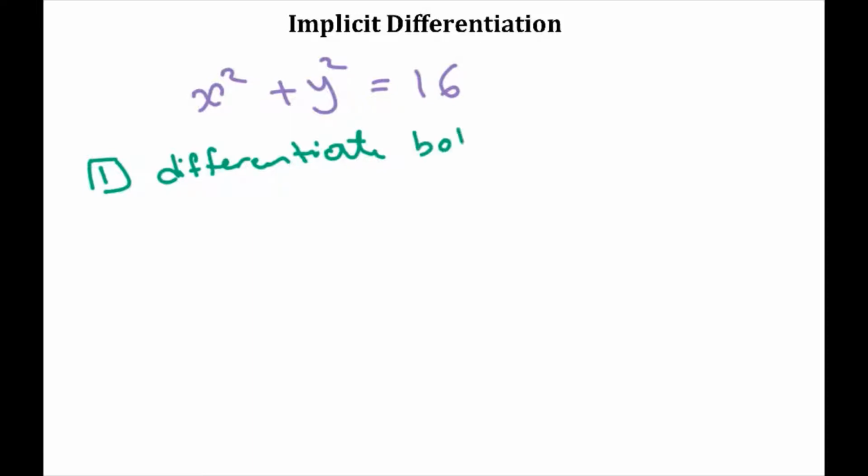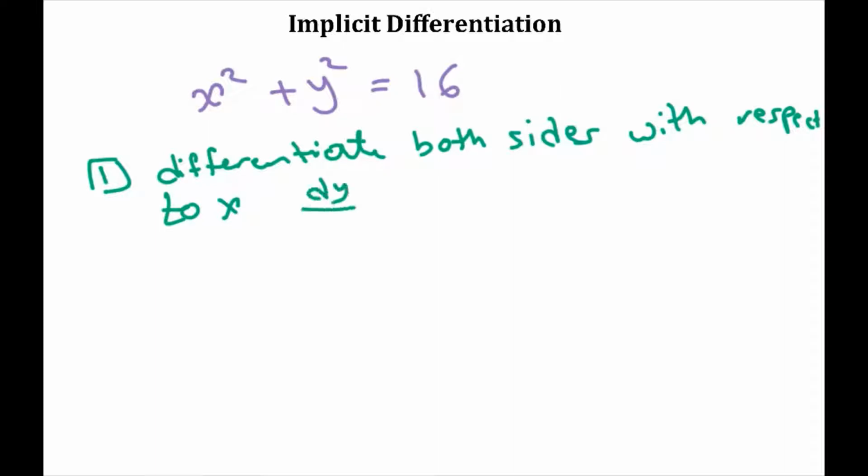So both sides, here and here, with respect to x. So for example, I'm going to have dy over dx. That's with respect to x. Or I can call it y prime.